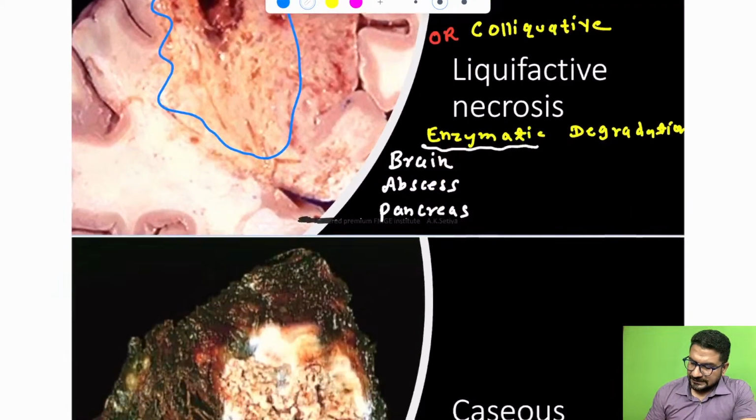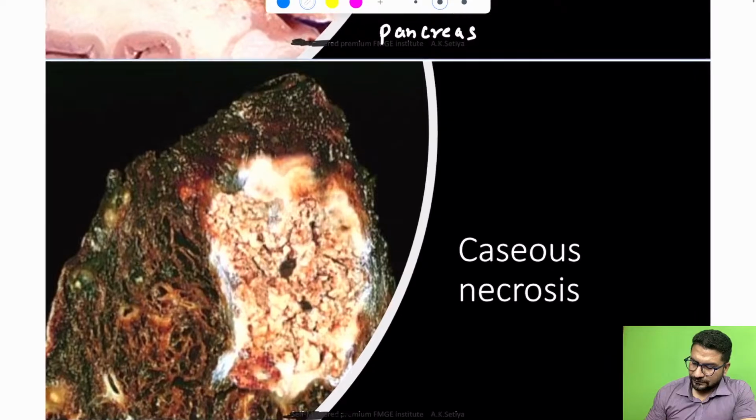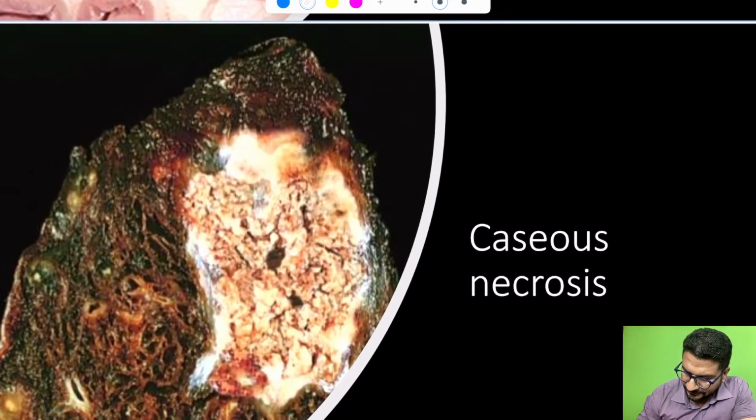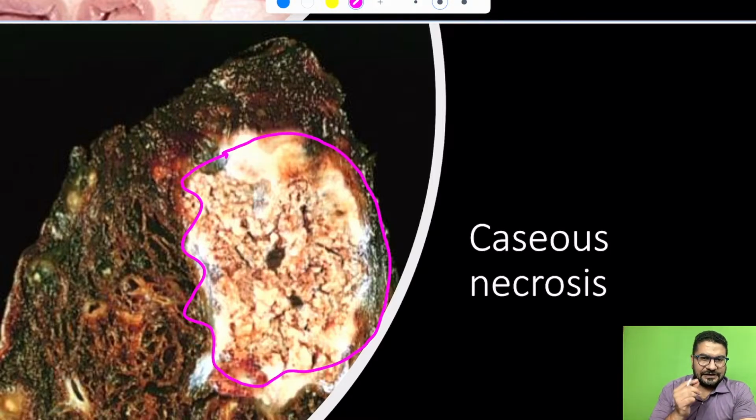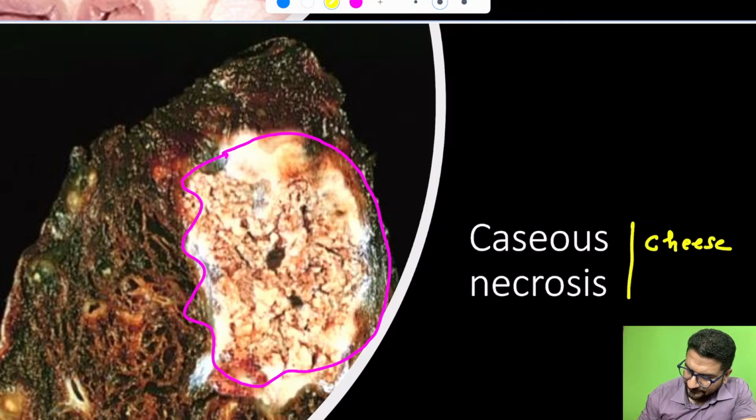Now moving to the third type, which is a combination of two. Here, if you look carefully, you can see this is like cheese-like material, जैसे जब पनीर हम दूध से फाड़ते हैं वैसा मटेरियल दिख रहा है. So this is caseous necrosis, or I can say a cheese-like material.